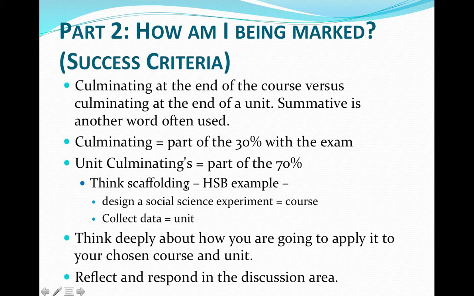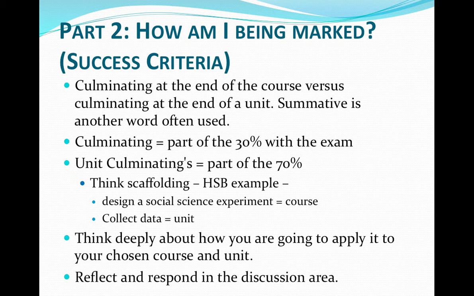What I'm looking for is some scaffolding that's happening. So for example, the HSB course or the HPC course, those are the most traditional, the social psych, anthro kind of courses. They usually have at the end of the course, which makes up the 30%, the students create a social science experiment of their own. And then they dissect that through the lens of psych, social, or anthro.